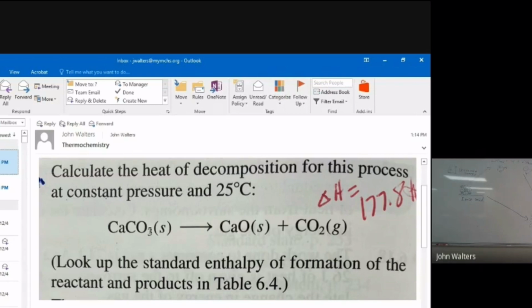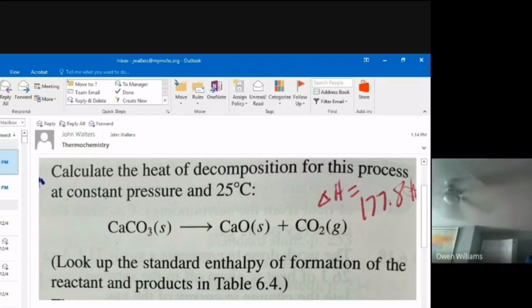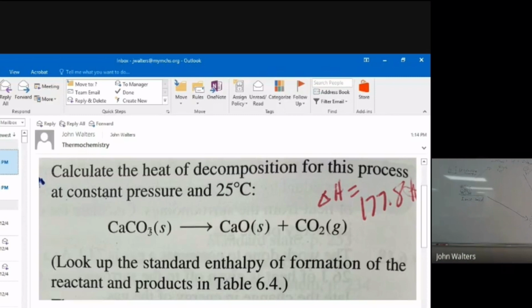We have a negative value, and we're subtracting a negative value, which means we're going to add it. And what value do we get when we add that number to that highly negative sum of calcium oxide plus carbon dioxide? What do we have now? I got 177.7. Ah, there's the number.